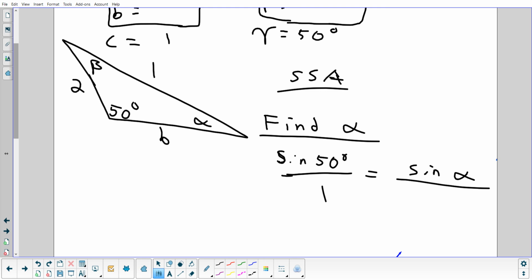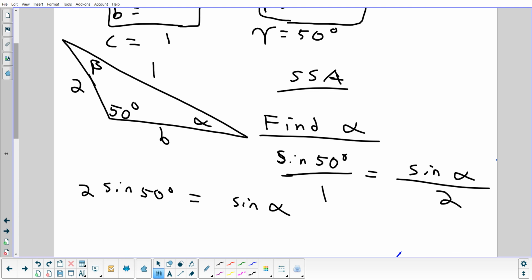Anything else? Okay, which is 2. Yep. So again, you don't even need to cross multiply, just multiply each side by 2, and you don't even really need to keep this divide by 1, because dividing by 1 doesn't change it. So all you're going to have is 2 sine 50 equals sine alpha.